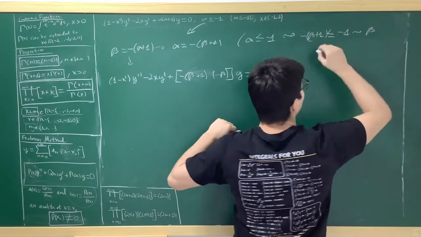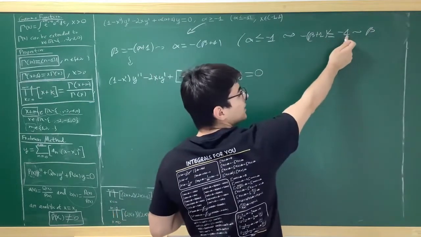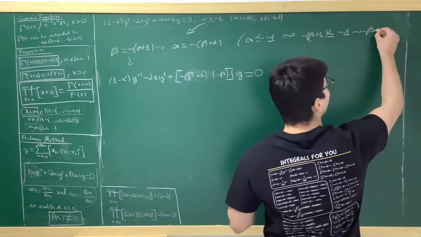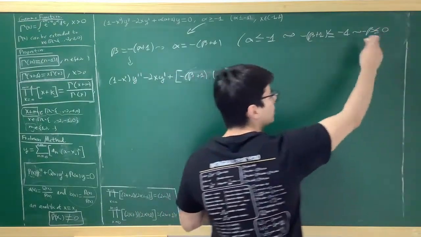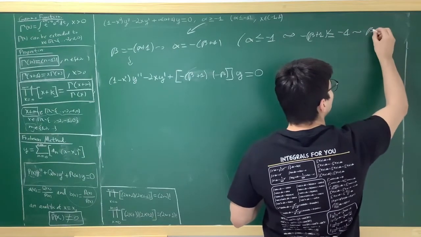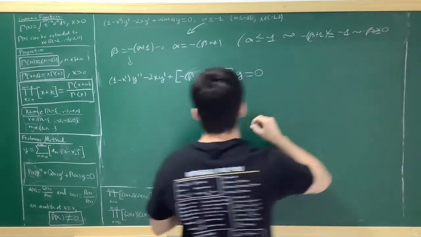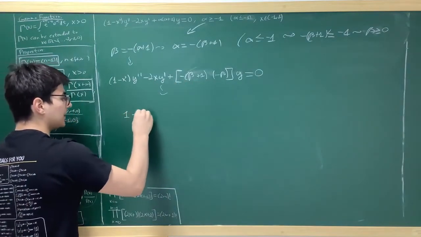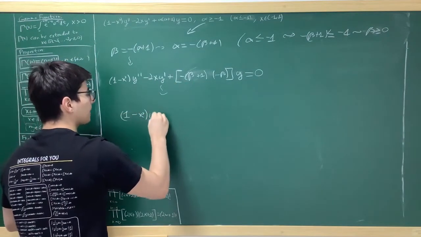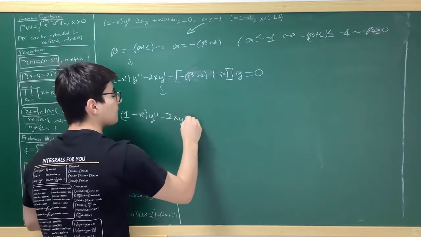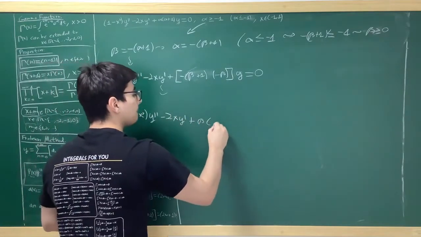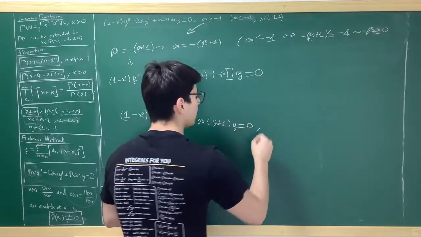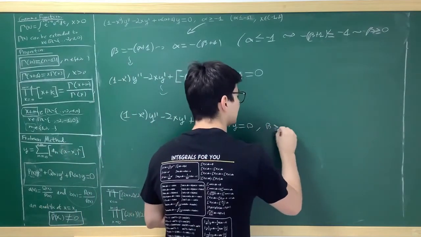And this just means that, well, -1 goes to the other side, adding, minus beta is less or equal than 0. Multiplying by -1 on both sides, we get that beta is greater or equal than 0. So this differential equation, let's just write it like this, just becomes this, plus beta plus 1, y equals 0. And this holds for beta greater or equal than 0.